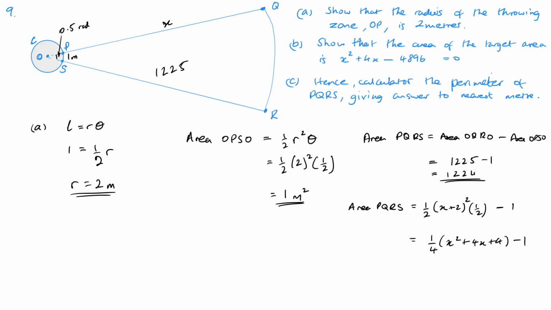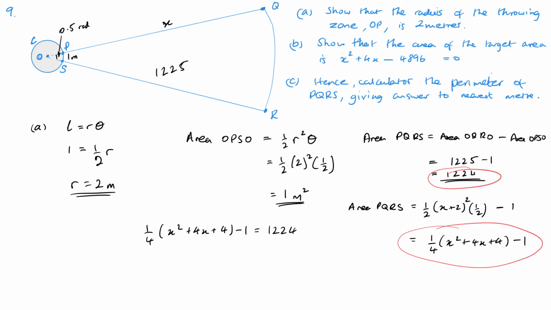And what I've got now is that this is going to be equal to this. Hopefully I've not made any mistakes. So let's see, a quarter of x squared plus 4x plus 4 minus 1 equals 1224. So a quarter of x squared plus 4x plus 4 equals 1225.